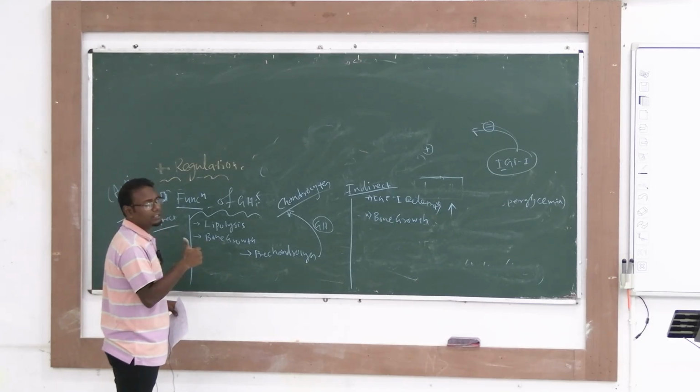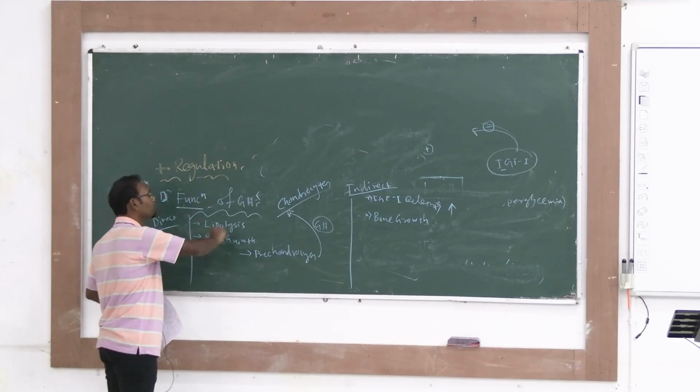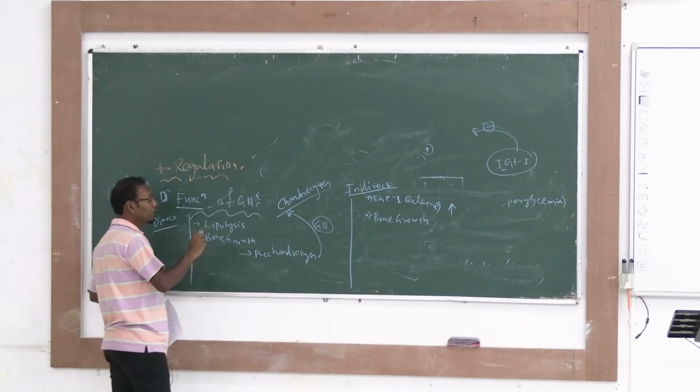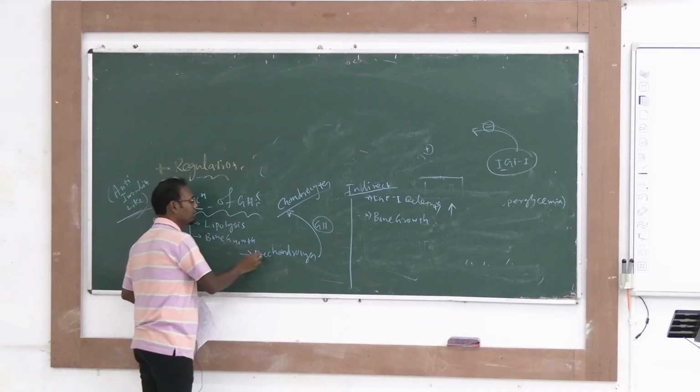So bone growth is the only mechanism which is a result of both direct function and indirect function, but the mode of acting is different, okay.